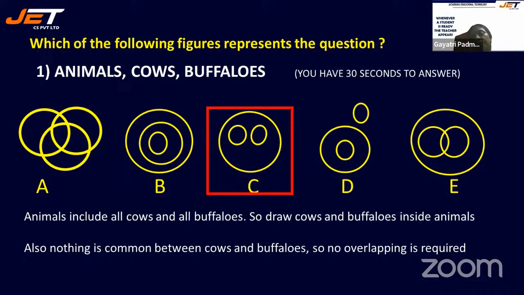So when is overlapping required? Only when there is something similar or common between the cows and buffaloes, you need an overlapping. So E is absolutely wrong. D is also wrong. So A is not at all possible and B is also not possible.